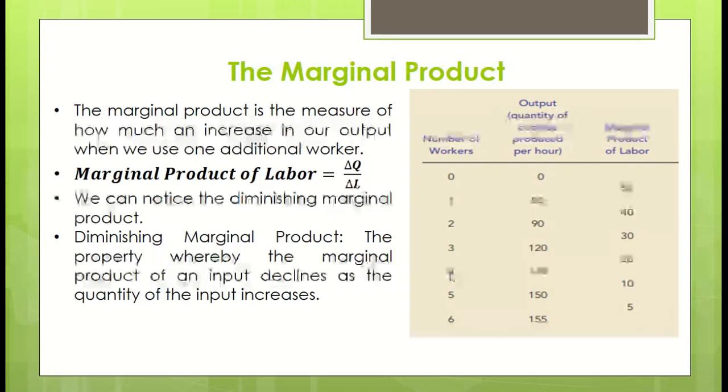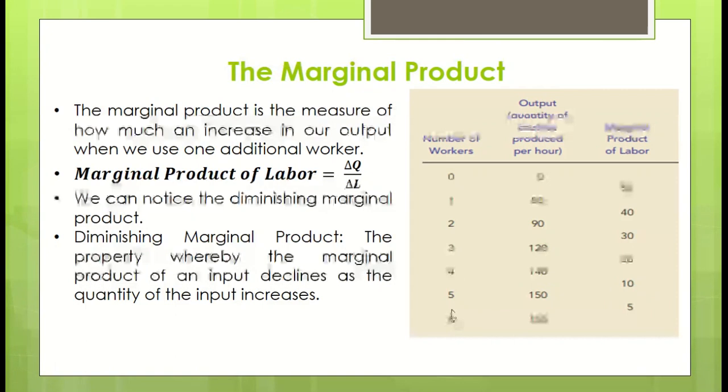Similarly, if the labor input increases from 4 to 5, then the change in output is 150 minus 140, and the marginal product of labor is 10 at this point.